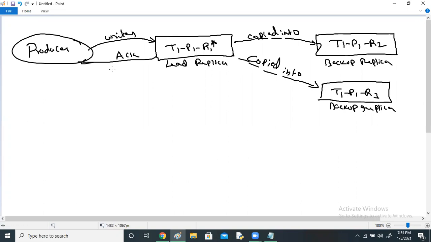Acknowledgements can be either 1, 0 or -1.